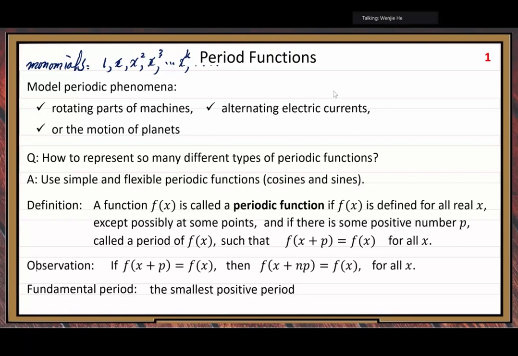Another thing I want to explain a little bit: "except possibly at some points." Do you feel that's a little strange? Why "except possibly at some points"?